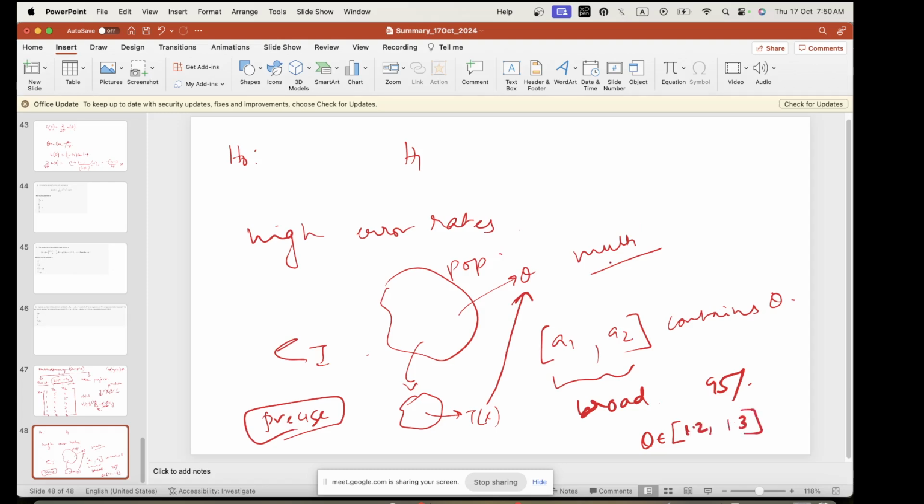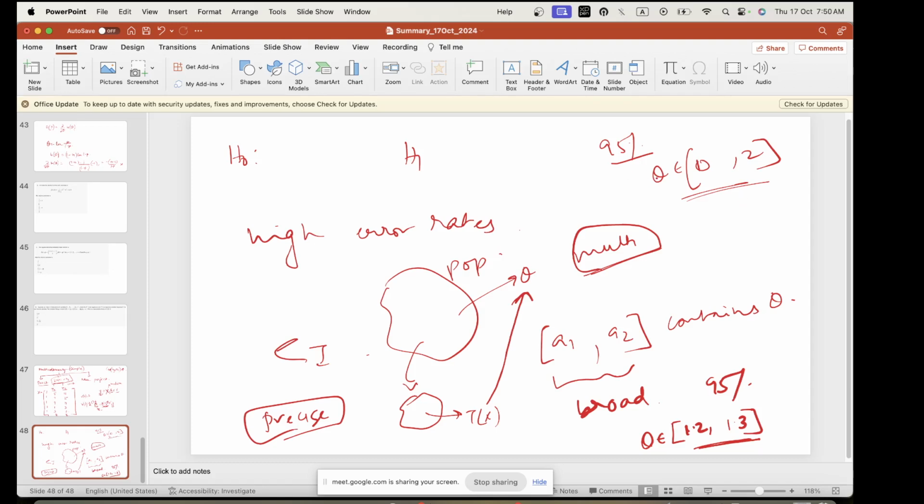Okay, but if we have multicollinearity, it can happen that I can say with 95% confidence that theta will belong to, let's say, 0 to 2. So by default, if I say something like this, I am being more precise with my estimates, right? And if I say something like this, I am being a little vague.